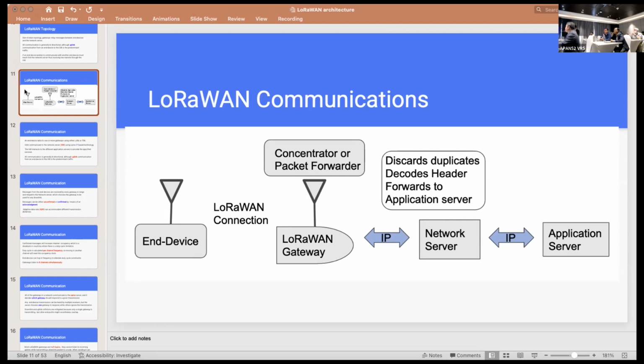The mic is muted. Can you hear me now? Yes, but the voice is a little bit small. I'll try to speak louder. Can you hear me now?